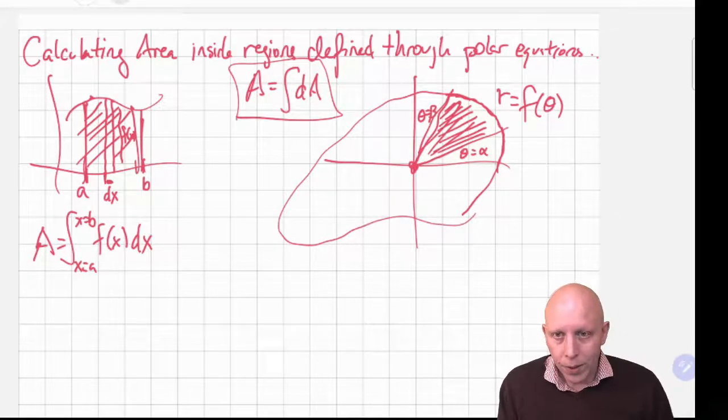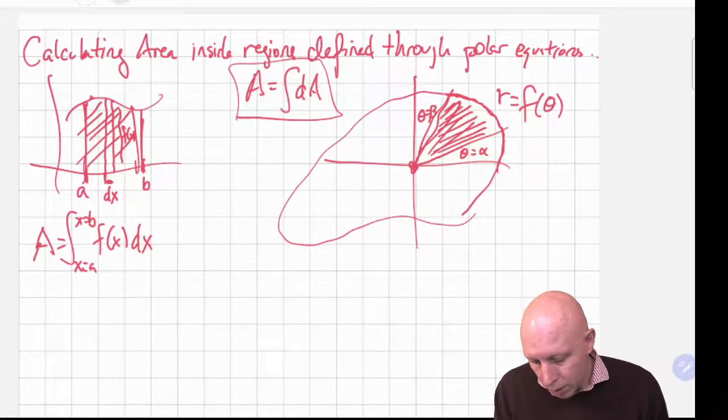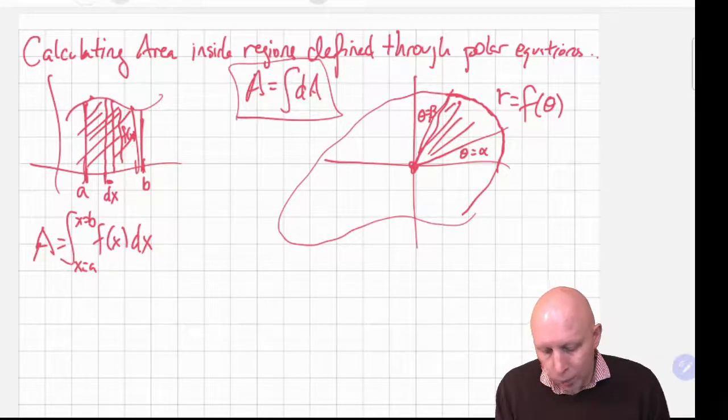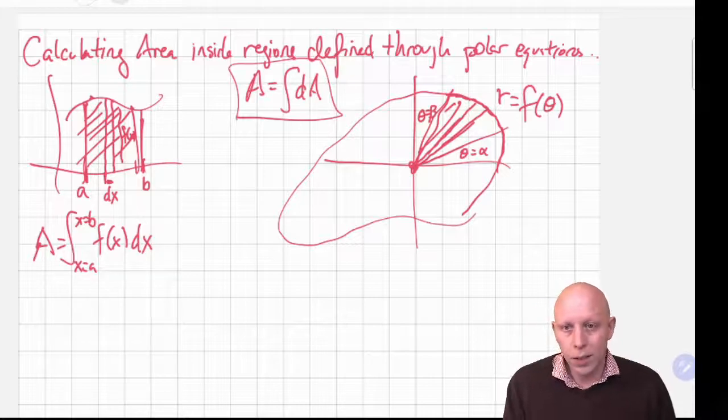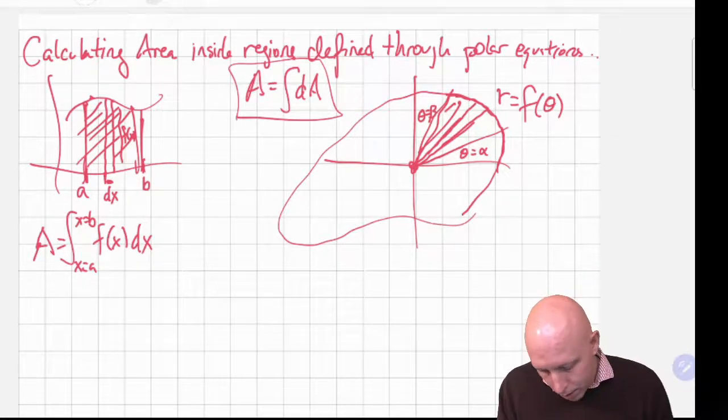So when we're in this regime, the slices no longer look like rectangles. They look like little tiny pieces of pizza, little tiny slices. So let me fill this in here.